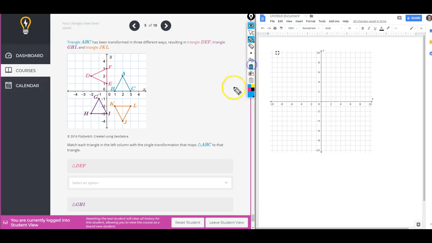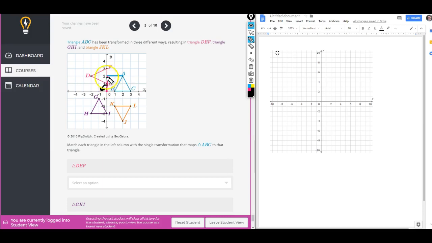So let's step through this. I start at the center and I say, okay, this is going to go up 1, 2 units, because that's how high point A is. And it is going to go over 1, 2 units. So now this L has to go 90 degrees counterclockwise in order to see if I am correct on a rotation.